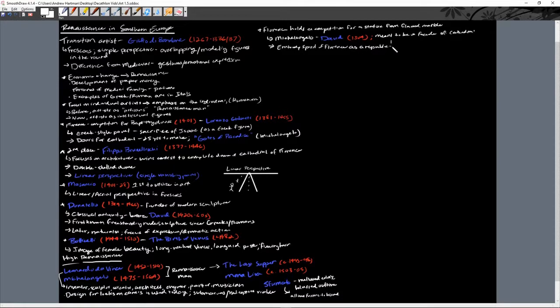And those three things are, of course, the beautiful carving itself, the smooth texture of the finished marble, and the striking pose of David.